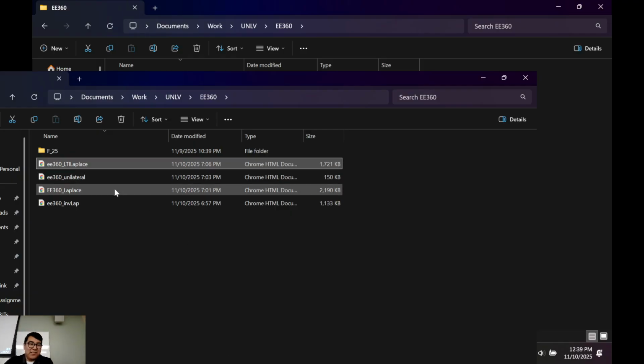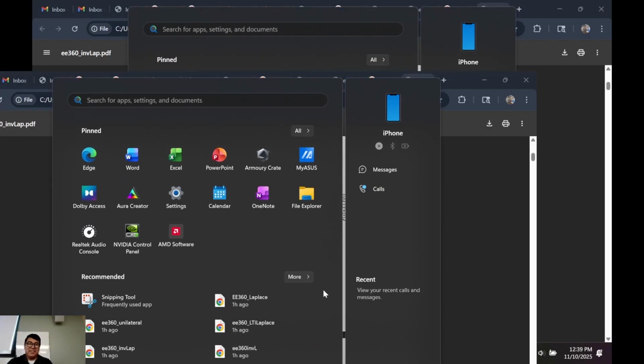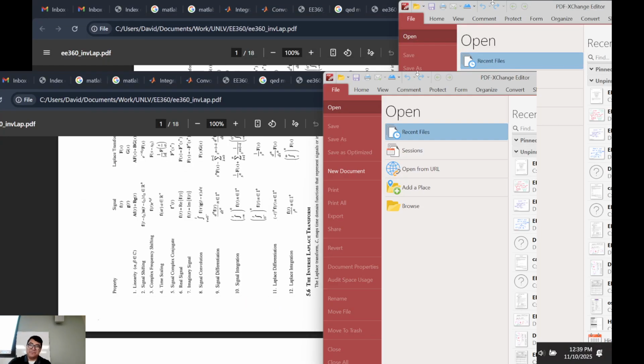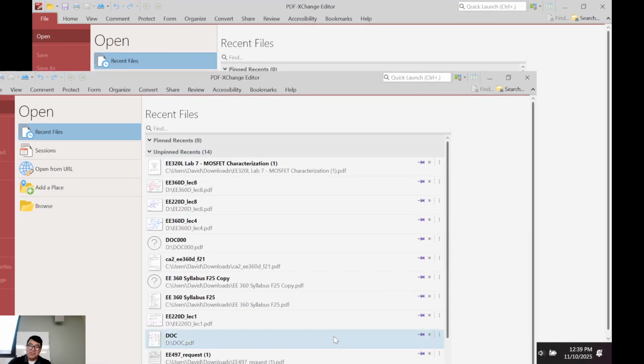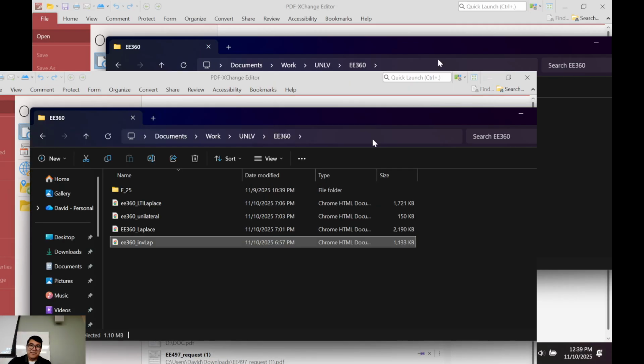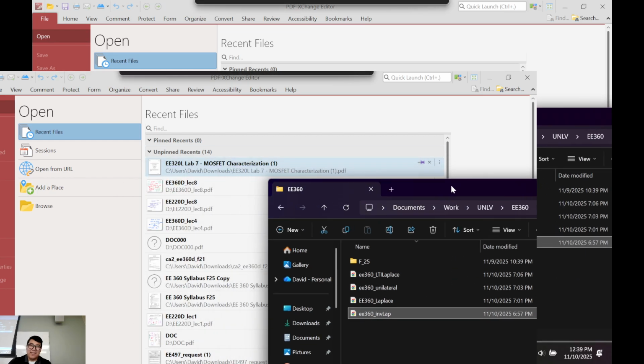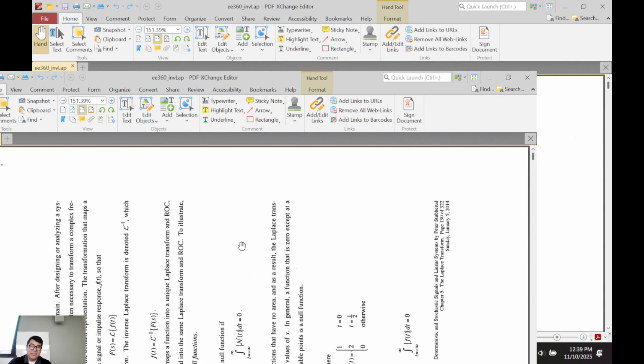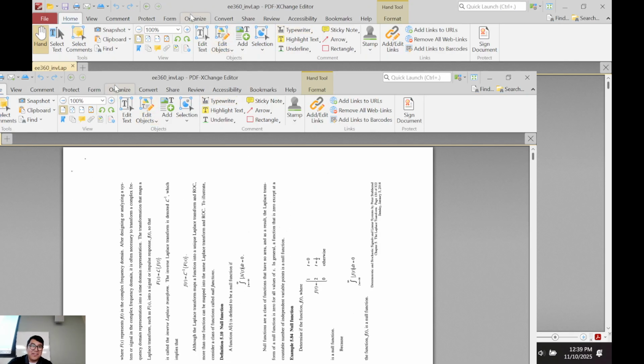And then for the next class, I'm going to go over inverse Laplace transforms, but this one's flipped. Let me show you this. Change editor. There you go. Run this here. Yeah, inverse Laplace. And then let's see.